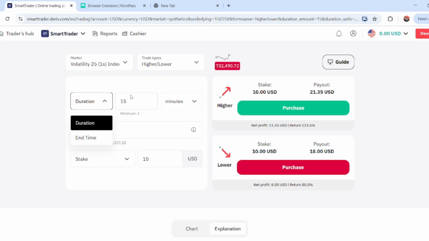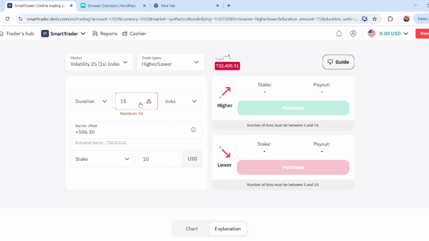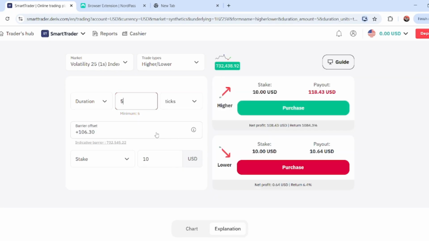You can also set an end time. Let's do ticks. Under ticks, I think it should be a minimum of 5 ticks. When you are setting a barrier offset, you ought to know how the ticks are working.